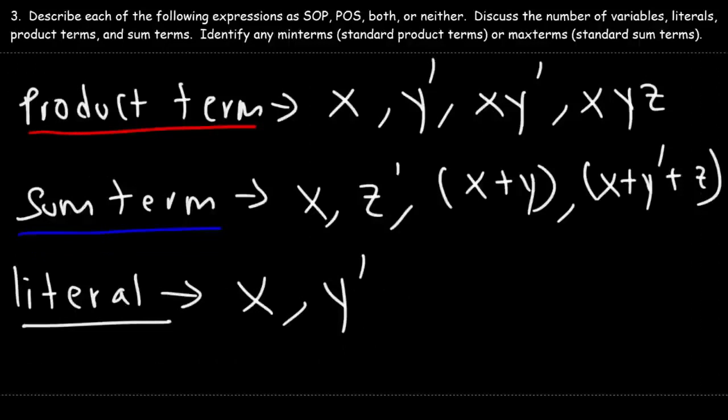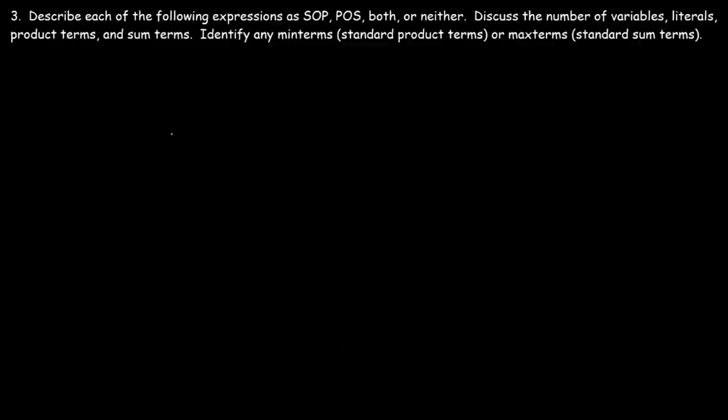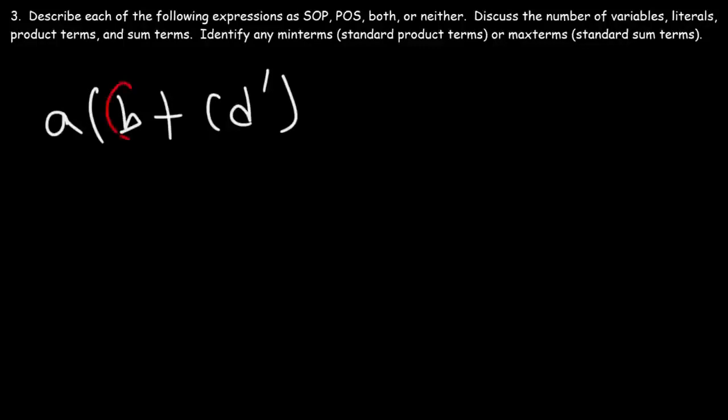Now let's consider one more expression. Let's say we have A multiplied to B plus C D prime. What type of expression do we have? So here we have a single term, like a literal, and this is a product term. And it looks like just a mixture of SOP and POS. It turns out that this expression is neither.